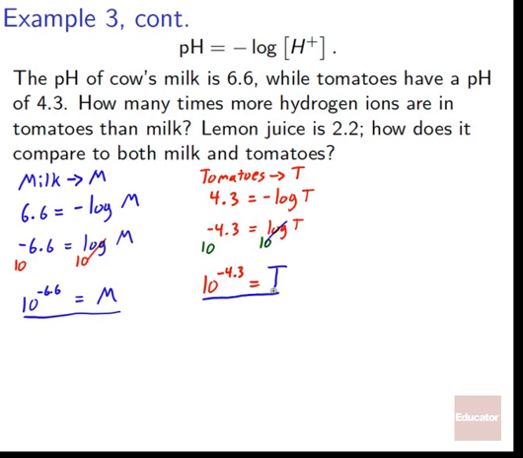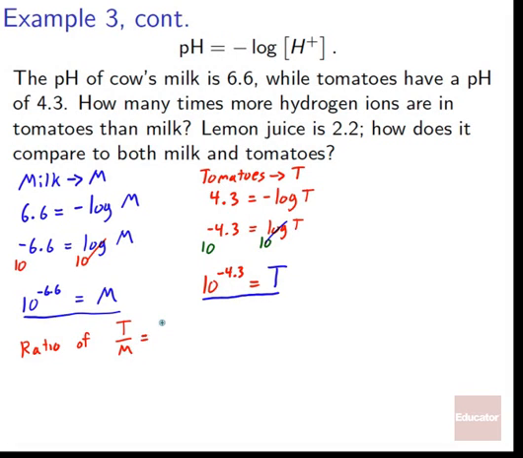10 to the negative 6.6 the molarity concentration of milk. So if we want to look at the ratio of ions in tomatoes to milk, the ratio of T to M, well, then we just plug in the numbers we've got.